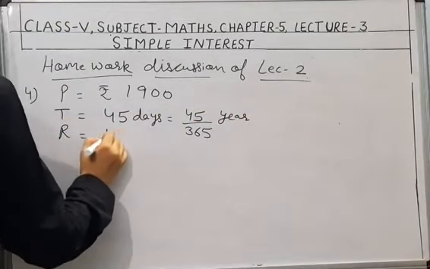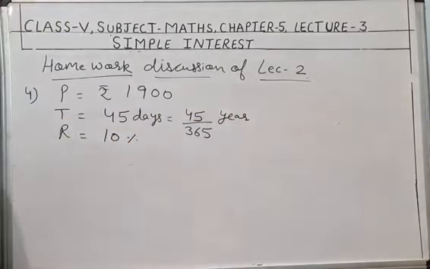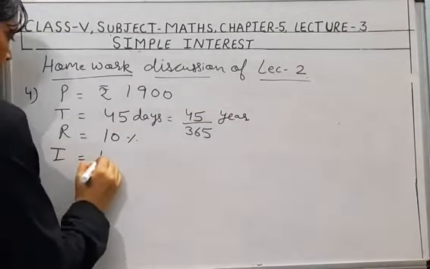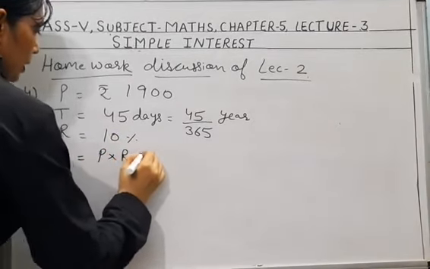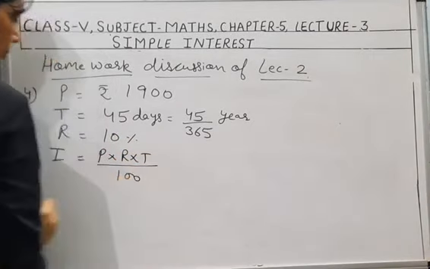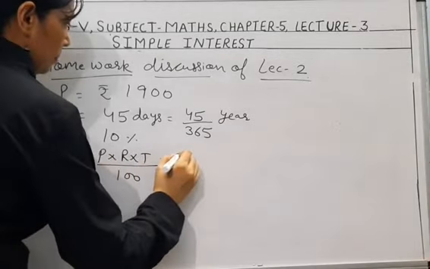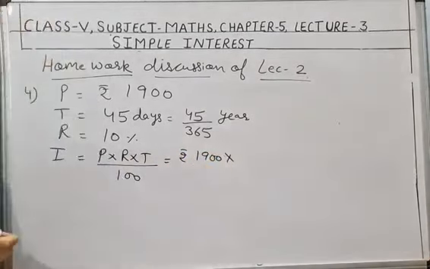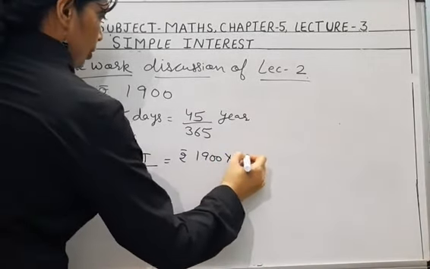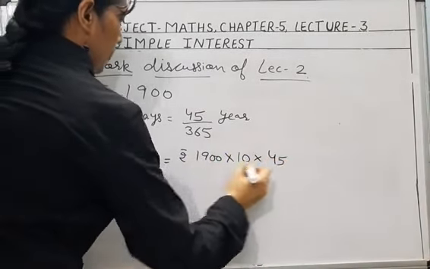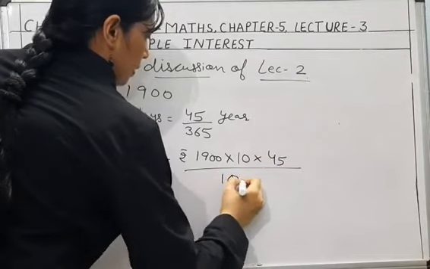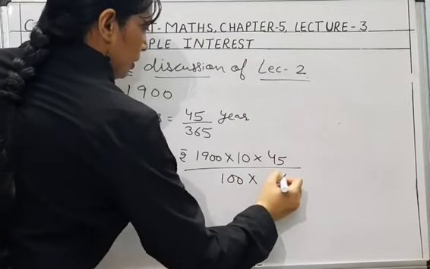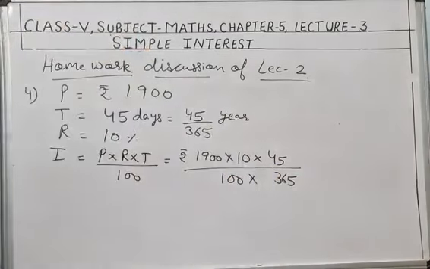Rate is given 10% and we have to calculate interest. Principal into rate into time upon 100. So principal is rupees 1900, rate, time upon 100, and here it will be 365.